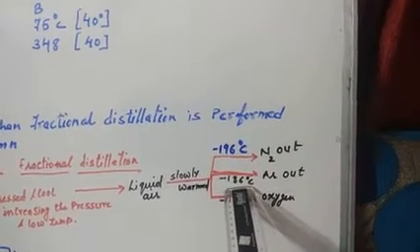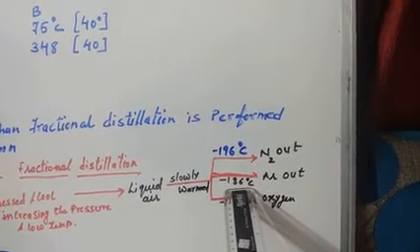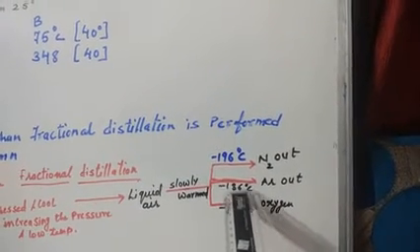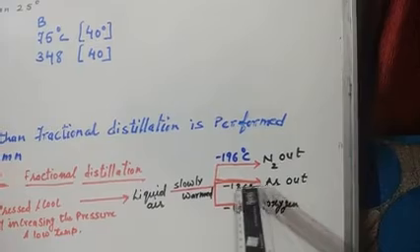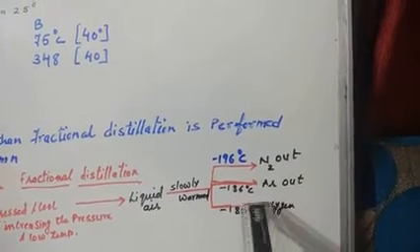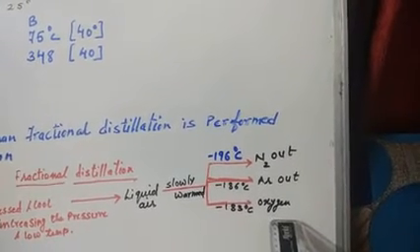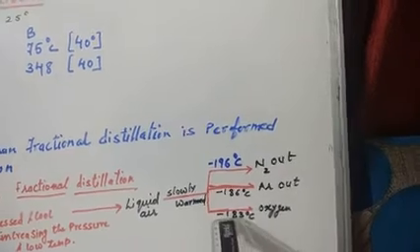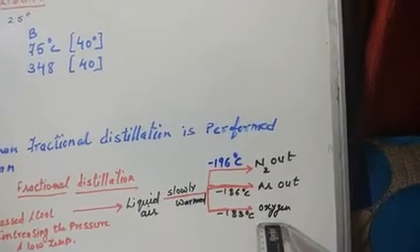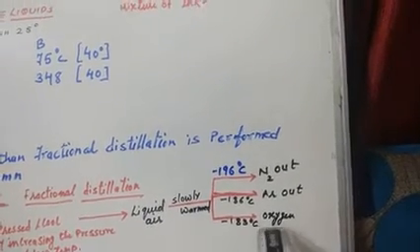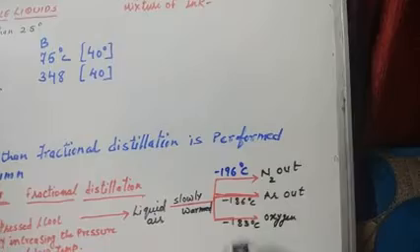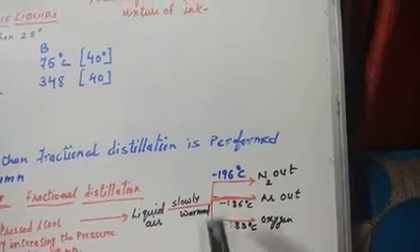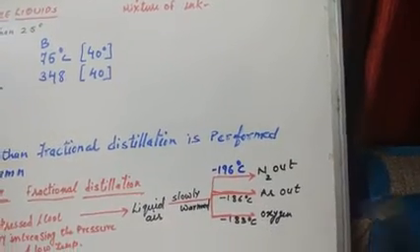Then comes argon, minus 186 degrees Celsius. And if we keep 186 degrees Celsius only, oxygen will be collected in liquid form because its boiling point is minus 183 degrees Celsius.